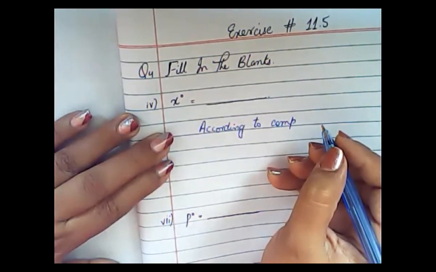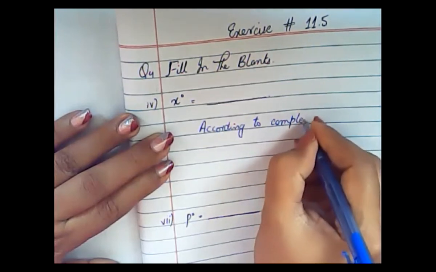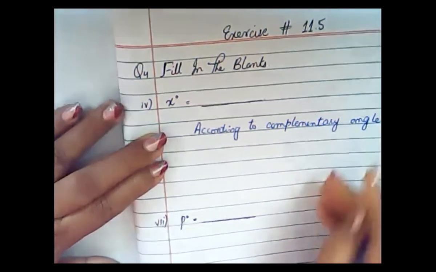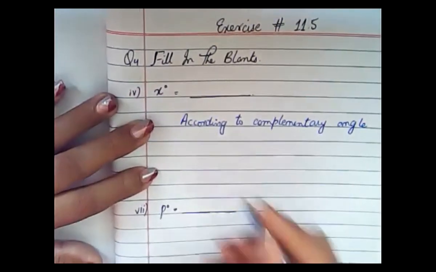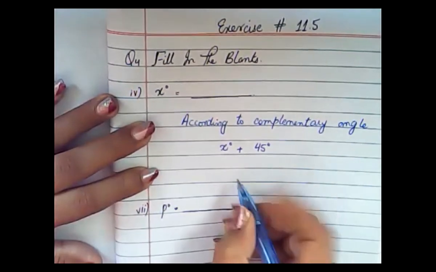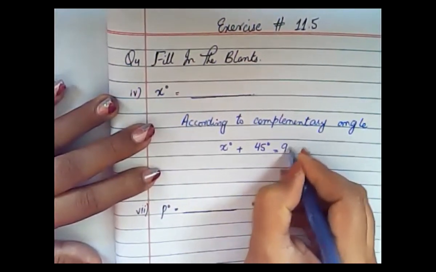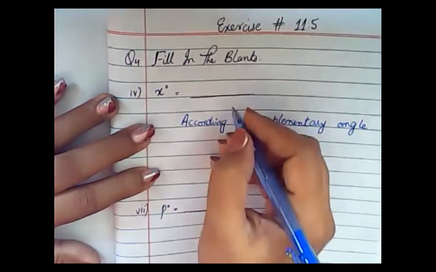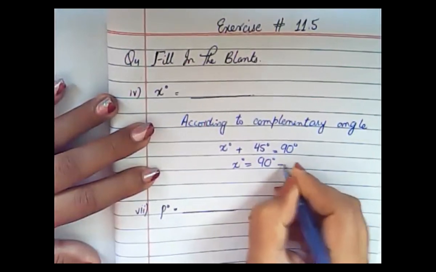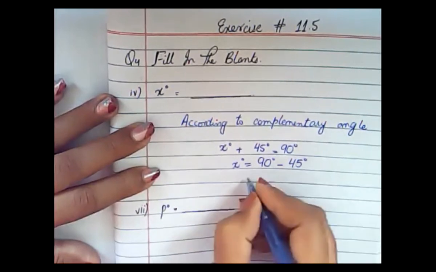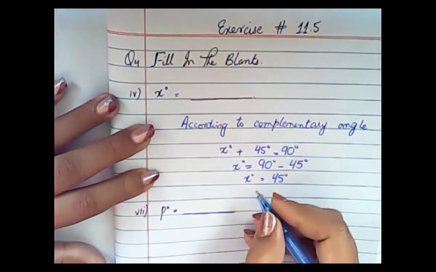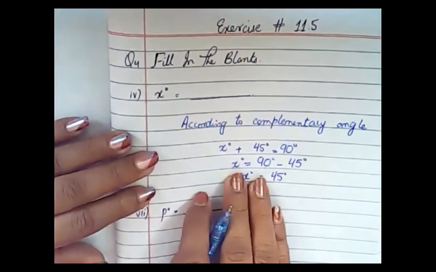According to complementary angle, x plus 45, the given measurement of the angle was 45, x plus 45 will be equal to 90 degree. Now simply write here: x degree is equal to 90 minus 45, and x will be equal to 90 minus 45, which is 45. Clear? x is equal to 45.